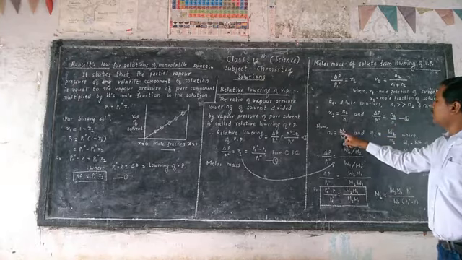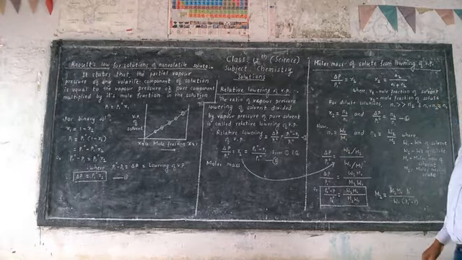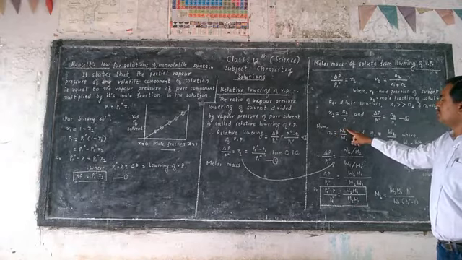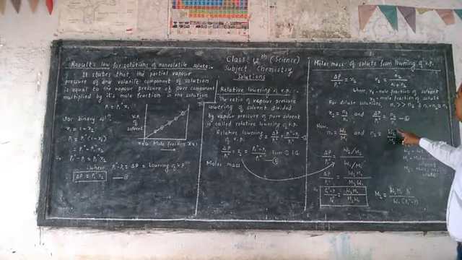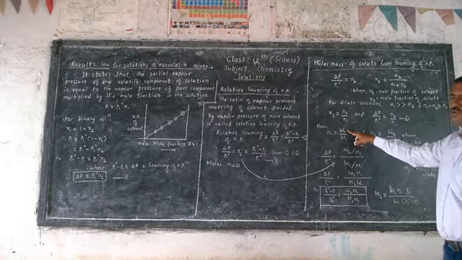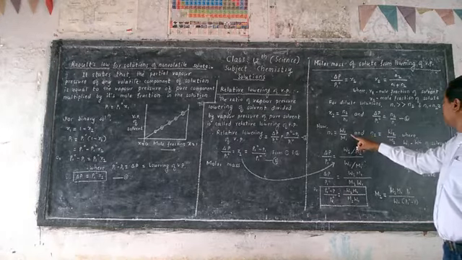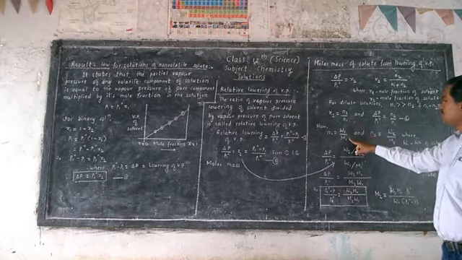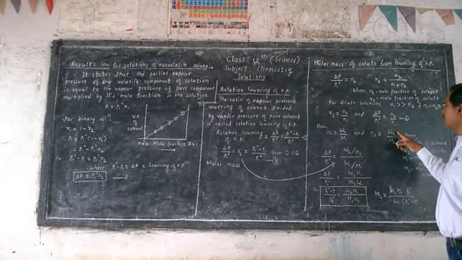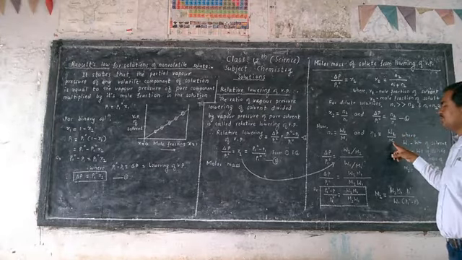Now how do we find n1 and n2? n1 equals W1 upon M1 and n2 equals W2 upon M2, where W1 is the weight of solvent and M1 the molar mass of solvent. W2 is the weight of solute and M2 the molar mass of solute.